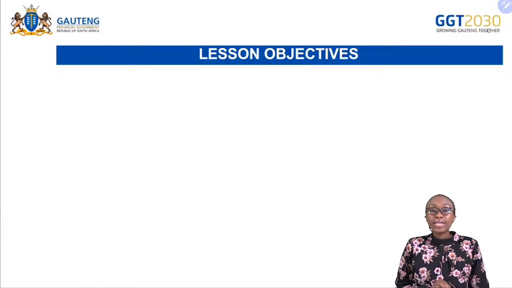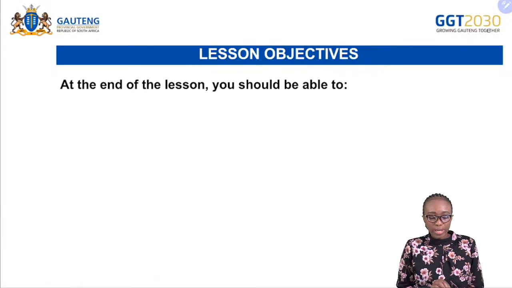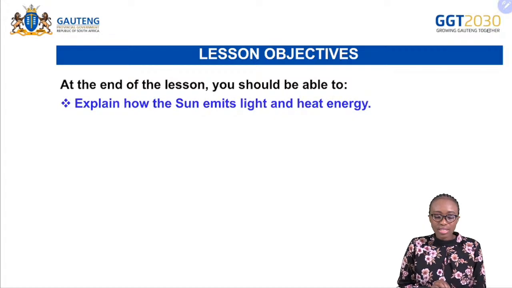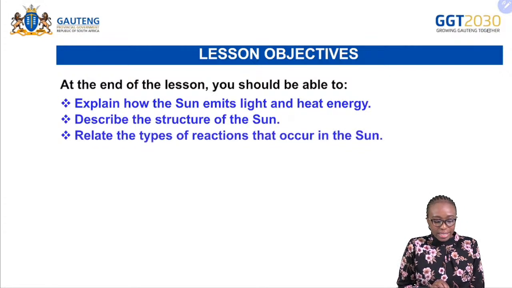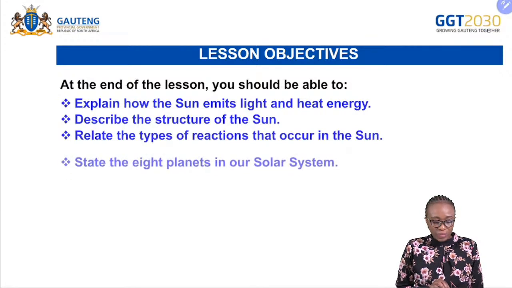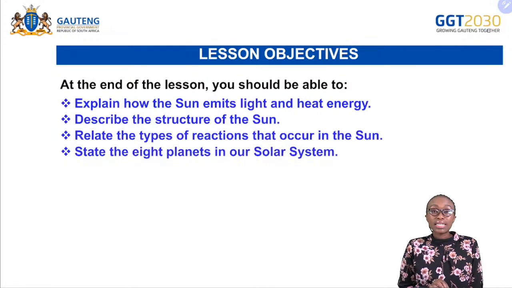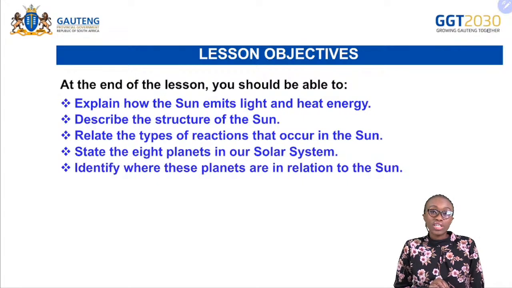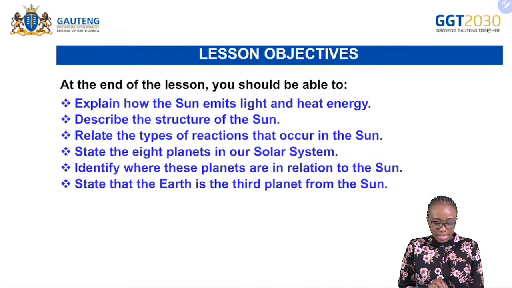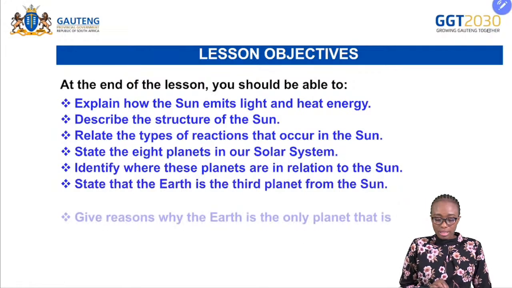By the end of today's lesson, you should be able to explain how the sun emits light and heat energy, describe the structure of the sun, relate the types of reactions that occur in the sun, state the 8 planets in our solar system, identify where these planets are in relation to the sun, and state that the Earth is the third planet from the sun.